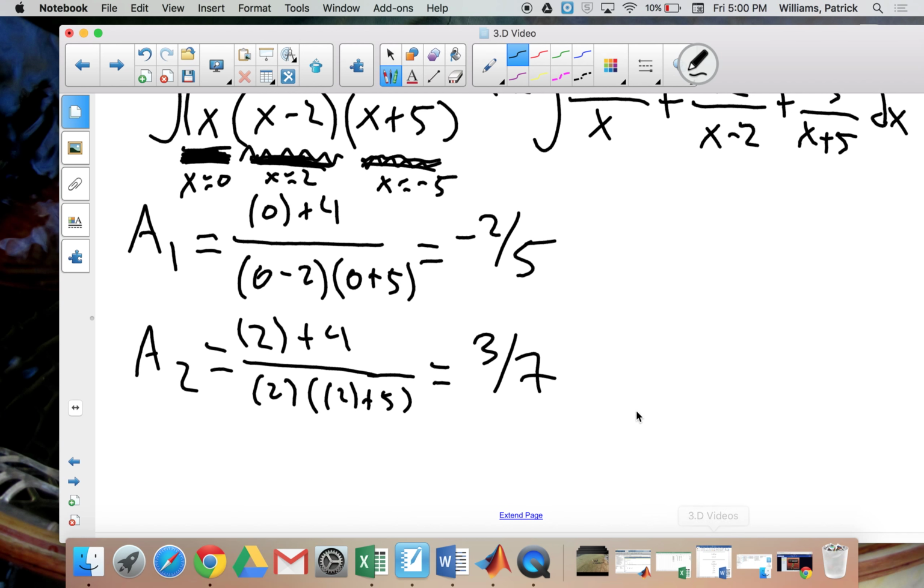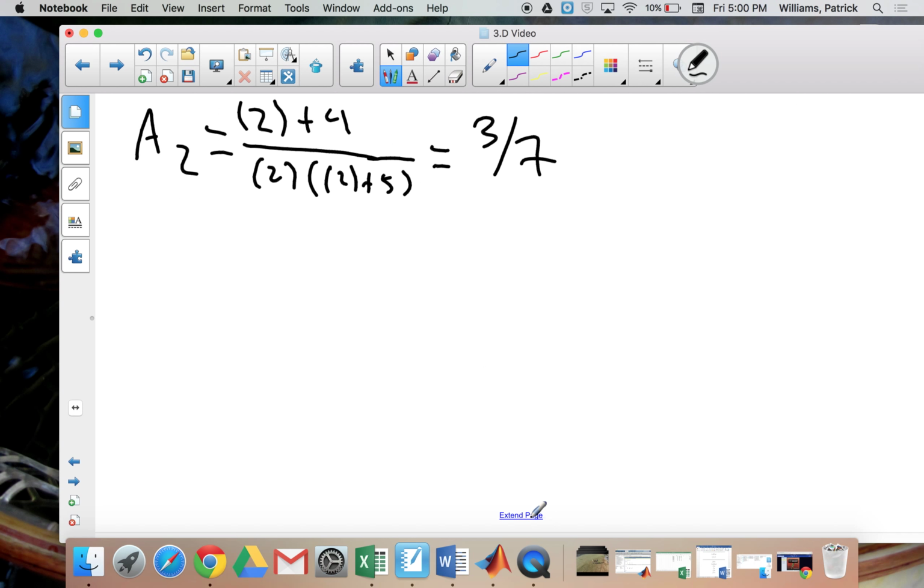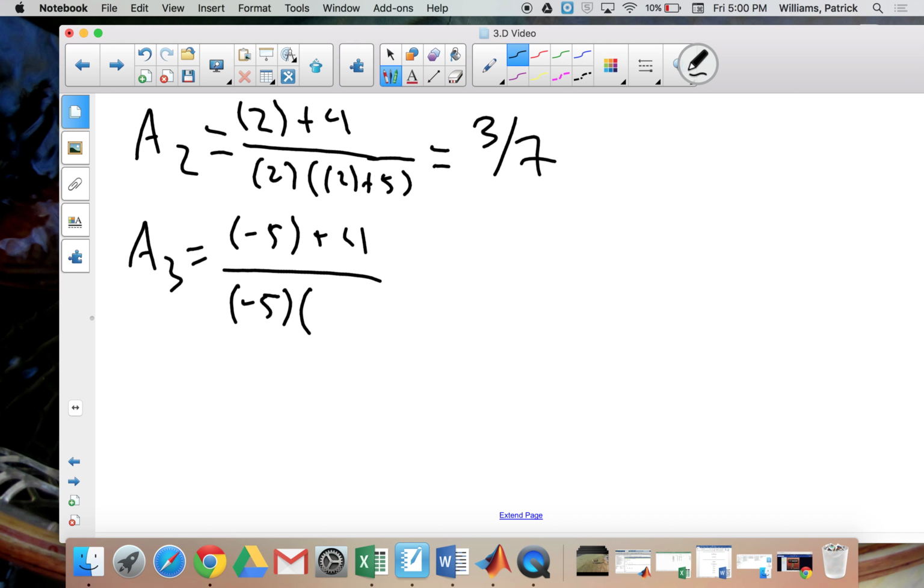So a3 is -5 plus 4 divided by -5 times -5 minus 2. If we do that, this one will be a little bit trickier, it's -1/35. All right, cool. Okay, so now we got all of our values for a.